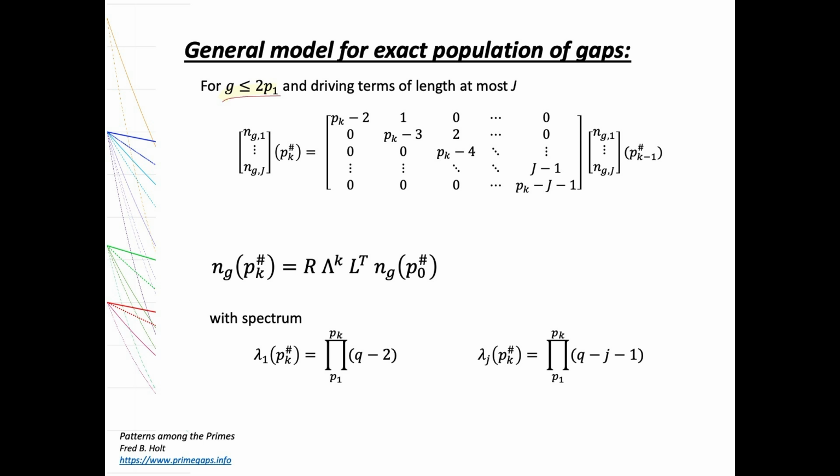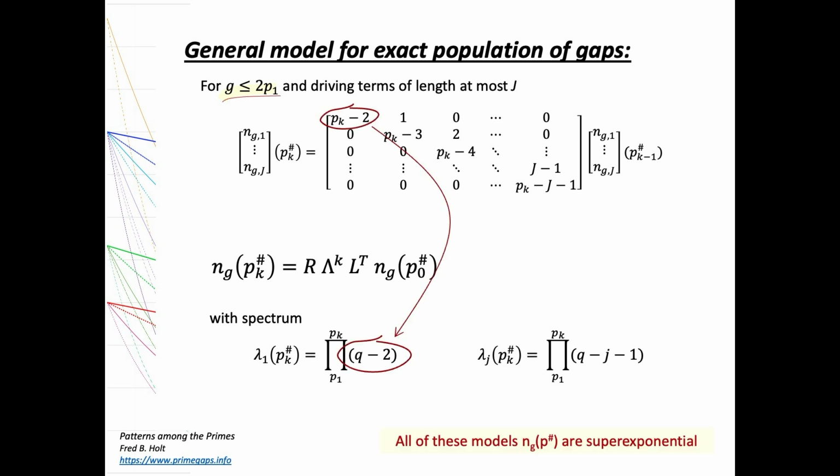Once we had the linear system, we looked at the eigenstructure, and we saw that the spectrum was dominated by the product of primes minus 2. So the dominant eigenvalue for the system is the product from p1 up to pk of prime minus 2.